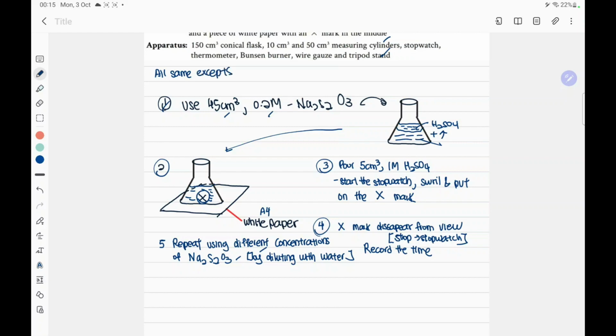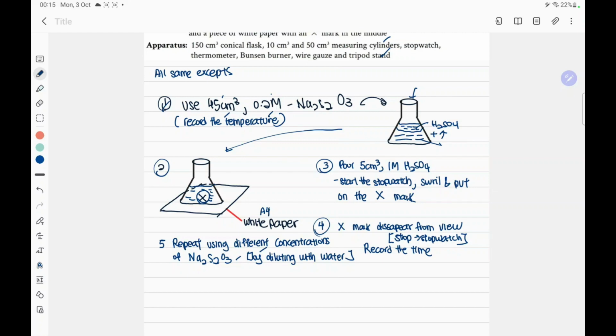Now obviously, because we are playing with temperature, in your first step, when you use 45 cm cube of 0.2 molar sodium thiosulfate solution, you pour it into this conical flask right here. Yes, correct. But at the same time, you have to record the temperature.